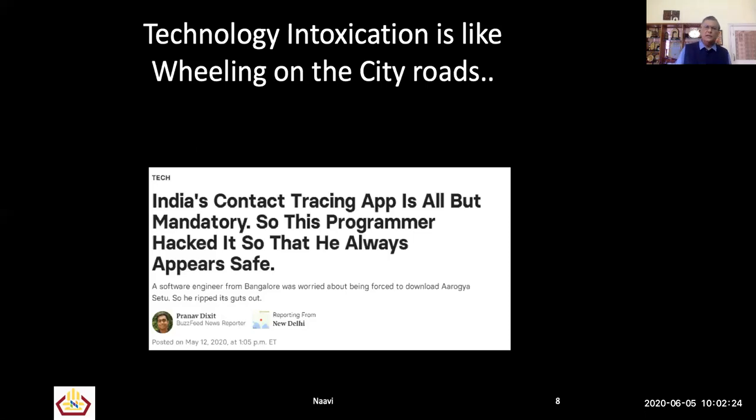One is, I have an observation that technology people are often afflicted with what I call technology intoxication. Just like these aggressive young people wheeling on city roads, some of the technology people feel they have the power of technology, they know more than people around them, and they try to show off their capabilities.